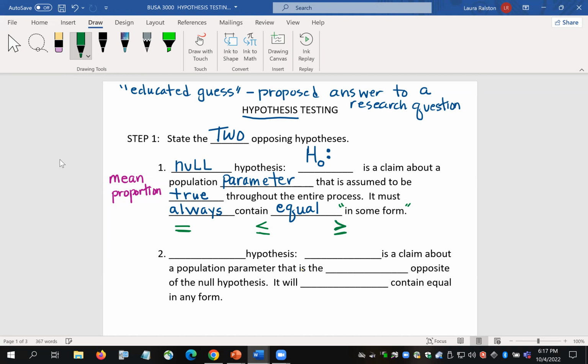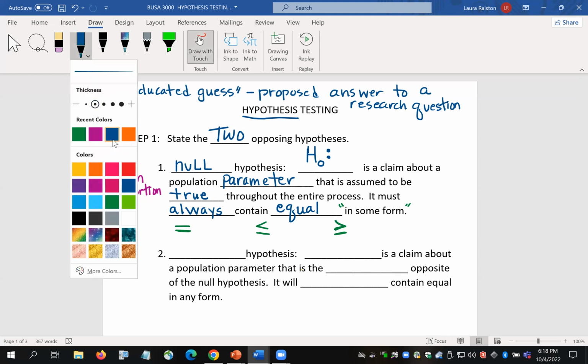Which one you have is going to depend upon the phrasing or the wording in the scenario or scenarios that you'll be given throughout this course in examples, on the quiz, and on the final exam. And so you have to be familiar with what are some words that could imply equal, what are some words that can imply less than or equal, greater than or equal. So hopefully that will not be an issue. I think I may have a short list, not a complete list, but a short list that may help you if it's needed.